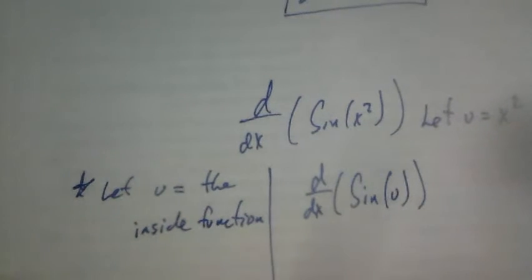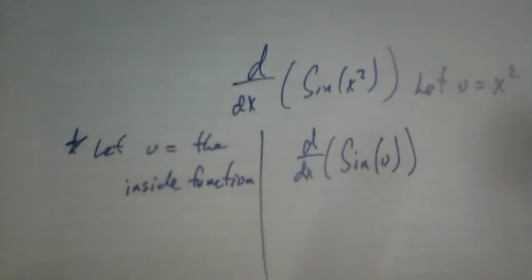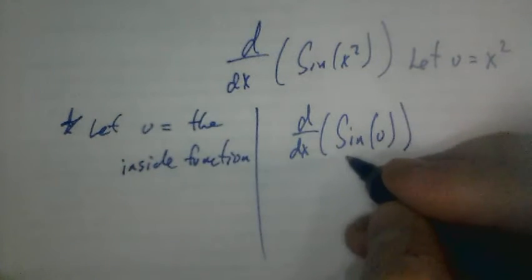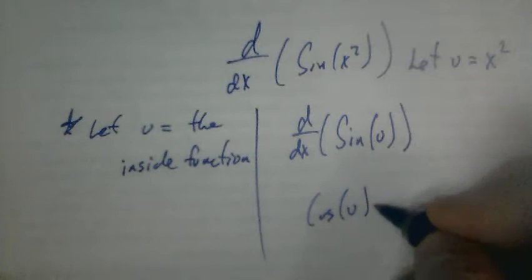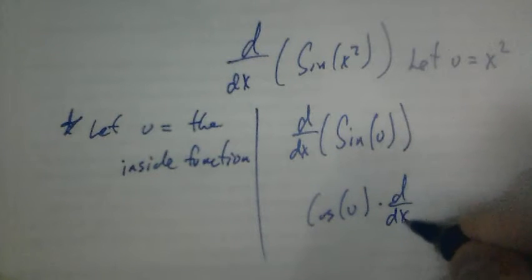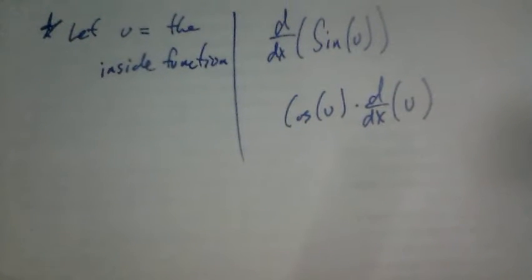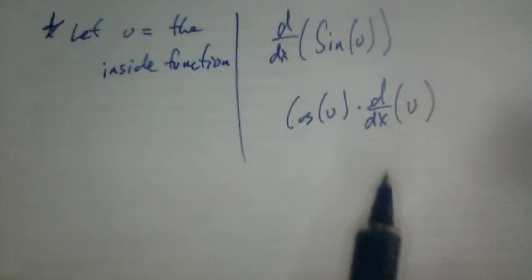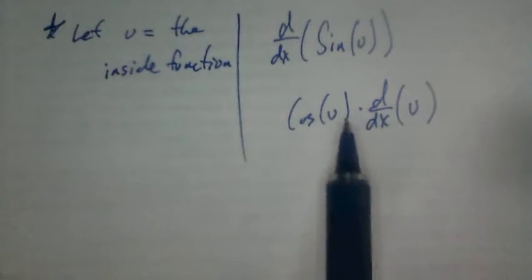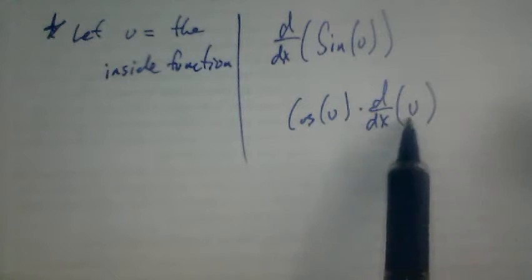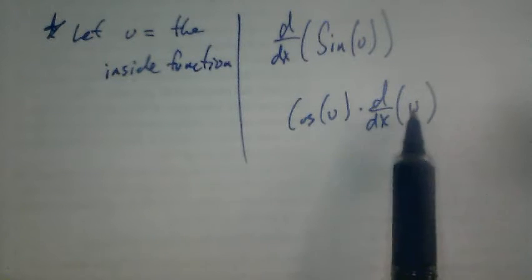And you say, okay, I can handle this, so I know by the chain rule, this becomes the derivative of sine, which is cosine of u, times the derivative d dx of u now, right? And so you look at this and you say, well, okay, I'm almost done here, but wait a minute. Now I don't know what u is, and you can't really take the derivative of u with respect to x, because they're not the same variable here, right?